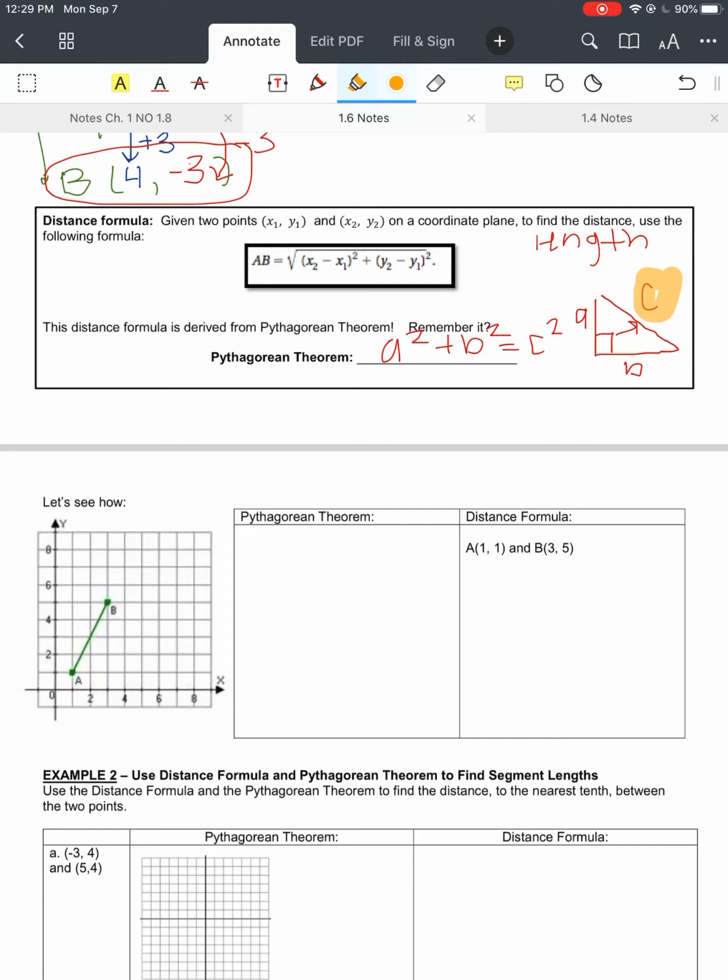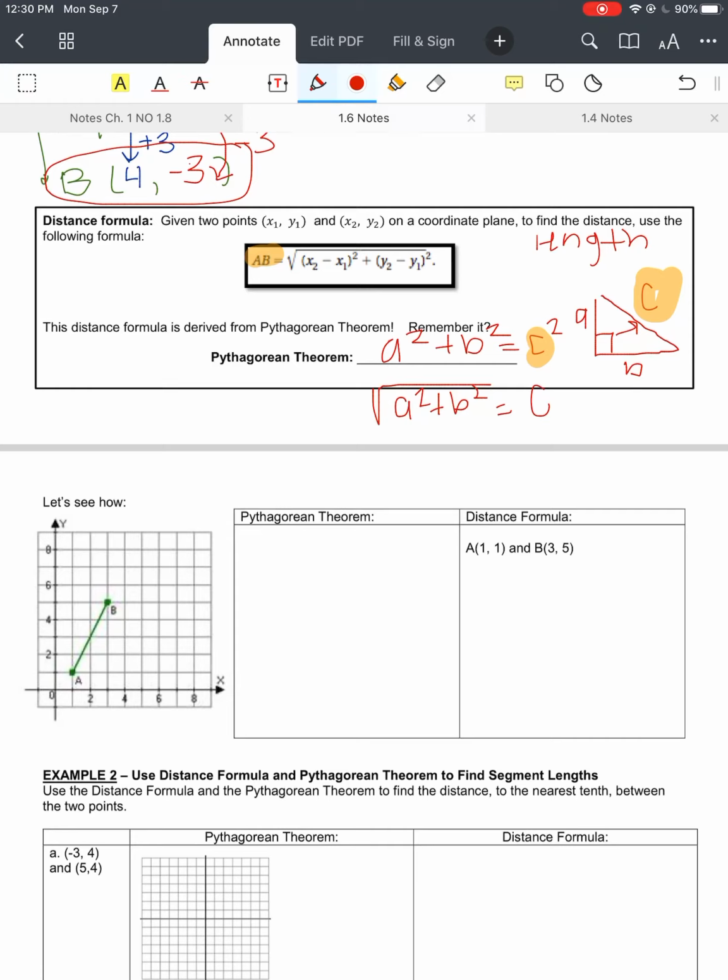To undo a square, you would have to square root it, so if we take the square root of both sides, we have the square root of a squared plus b squared equals c. So that's how we came up with that formula.